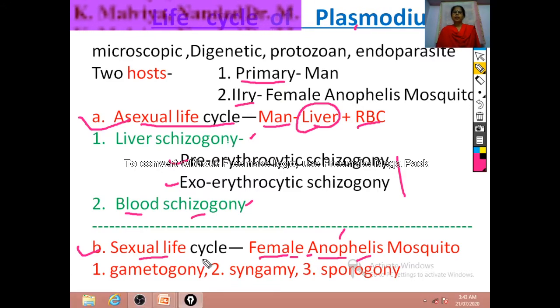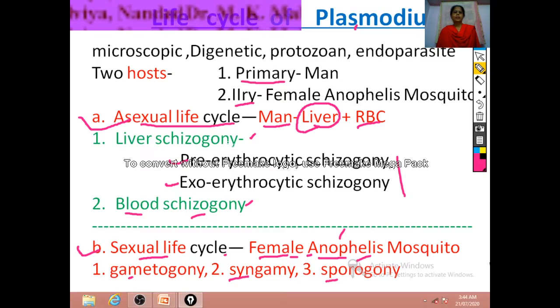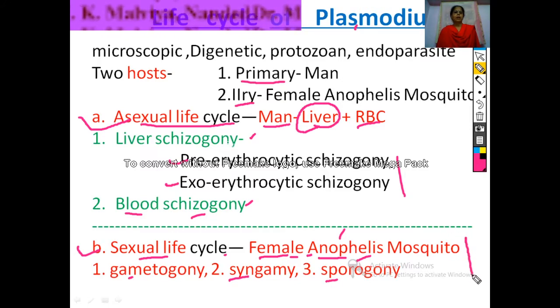During the sexual life cycle of the Plasmodium parasite, three steps occur: first gametogony, second syngamy, and third sporogony. This takes place at the time of the sexual life cycle.